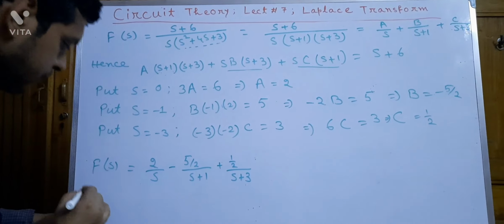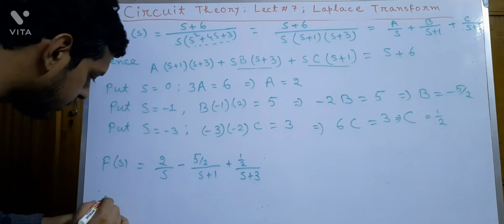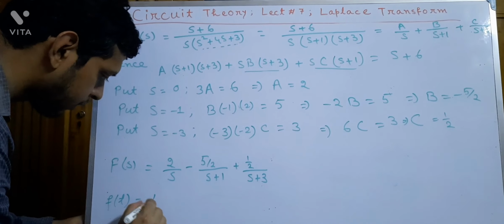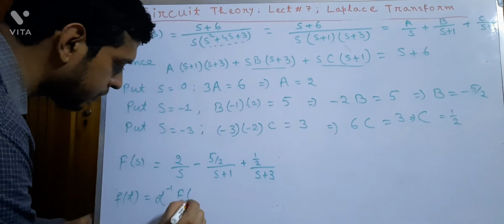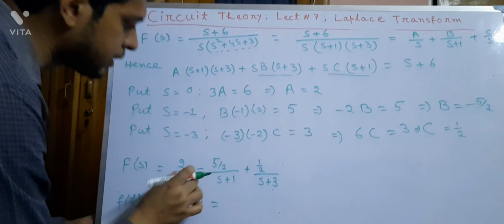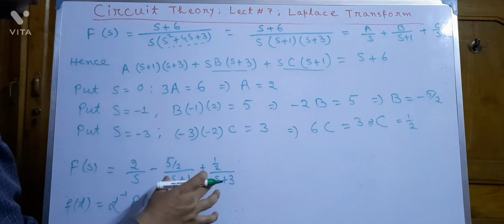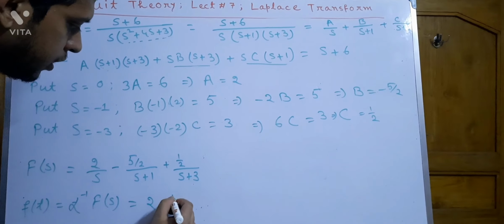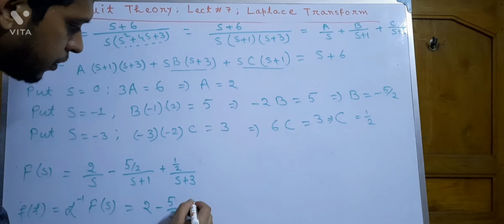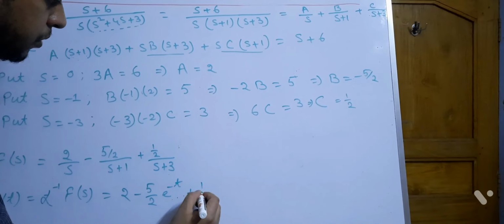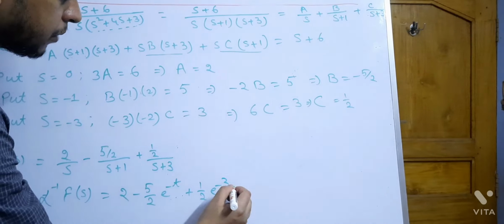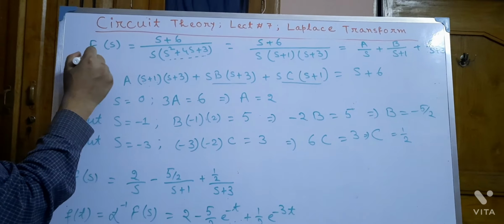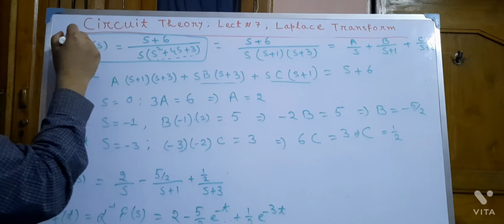Now the inverse Laplace transform of F(s) will be equal to the inverse Laplace transform of all these three quantities separately. So this will give us 2, this will give us 5 by 2 e to the power minus t, and this will give us 1 by 2 e to the power minus 3t. So the inverse Laplace transform of this expression is equal to this one.